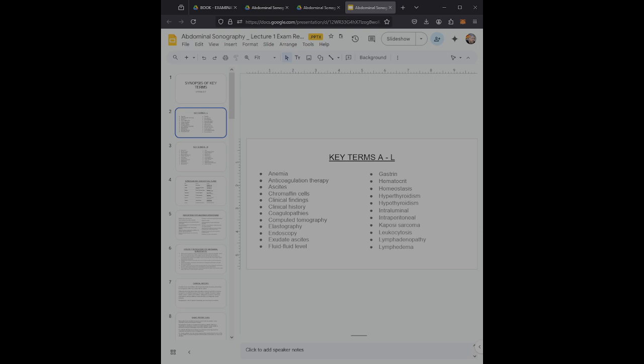Elastography, this is a sonographic technique employed to evaluate a mass based on its stiffness. And we use it to provide a prediction as to whether a mass is most likely malignant or benign. Endoscopy.